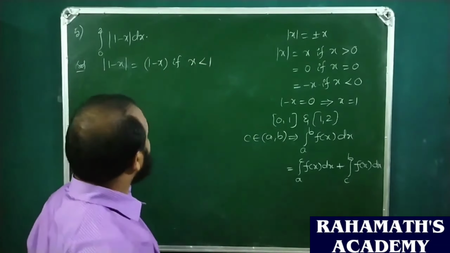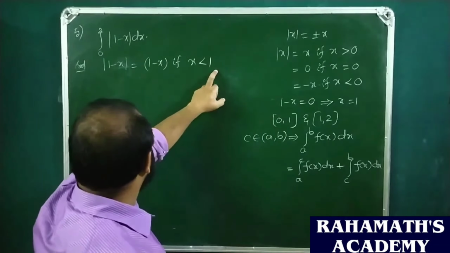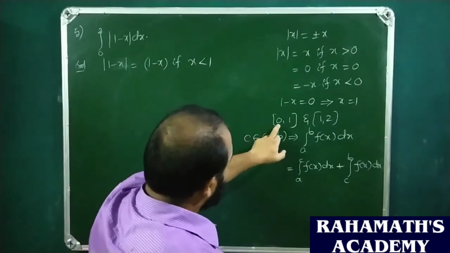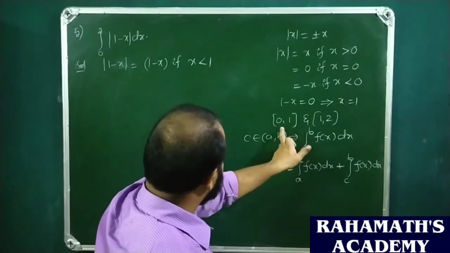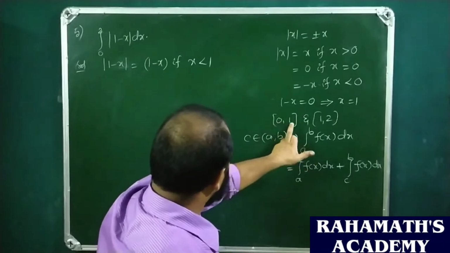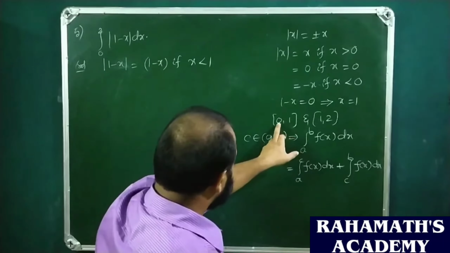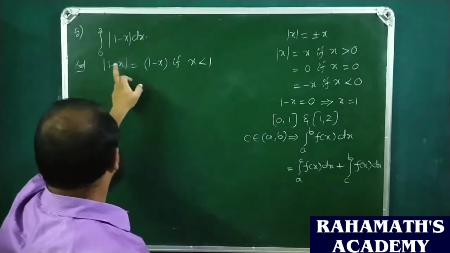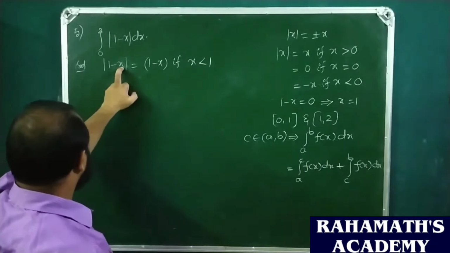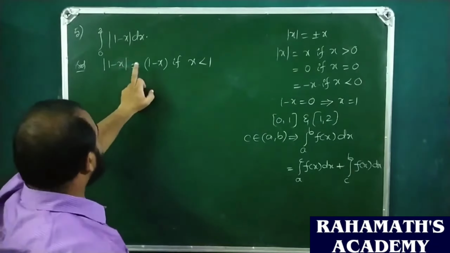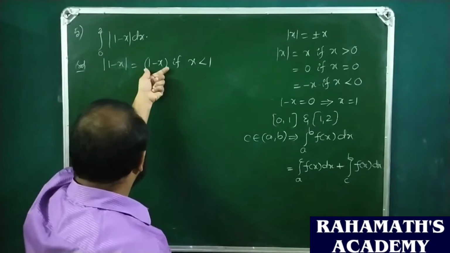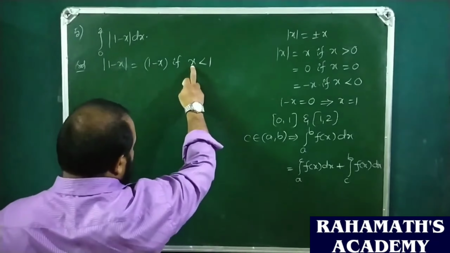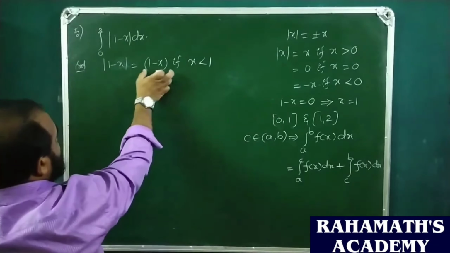In the 0 to 1 interval, you take any value in between. For example, take 0.5 and substitute: 1 minus 0.5 is 0.5, which is positive. So if x is less than 1, this value is positive.